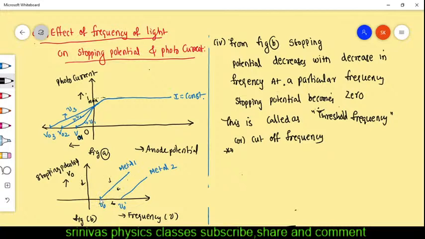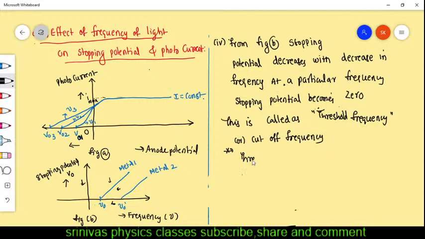That means the stopping potential also decreases. When you decrease the frequency, the stopping potential also decreases. Then at a particular frequency, this is nu naught, the stopping potential becomes zero. The frequency corresponding to the stopping potential becoming zero is called the threshold frequency or the cutoff frequency.